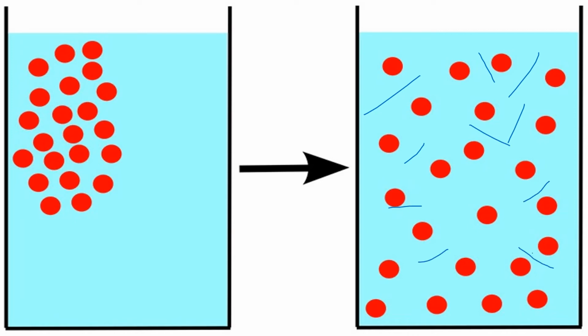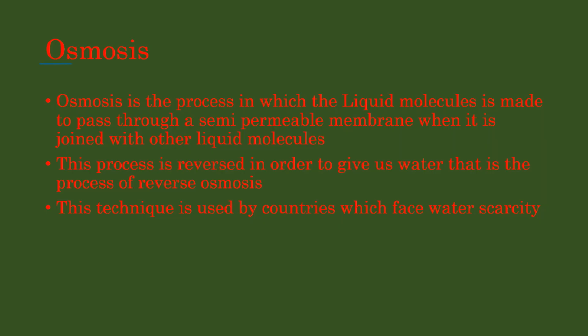Now next we are going to see osmosis. Osmosis is a process in which liquid molecules are made to pass through a semi-permeable membrane when joined with the other liquid molecules. Now as we see, in a large container, I've got a membrane.